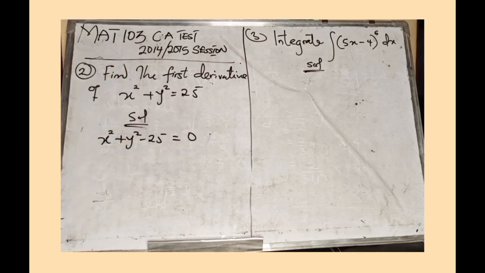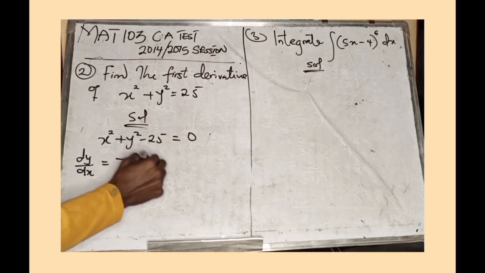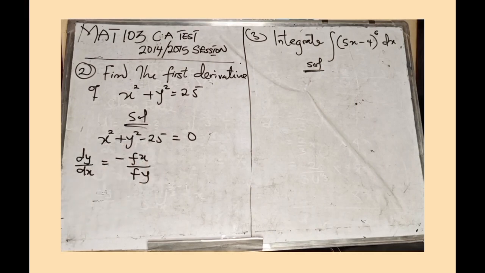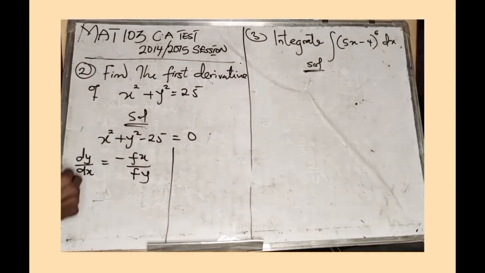0. By the formula for implicit, dy over dx is equal to minus f of x over f of y. Next we just need to obtain the value of f of x.